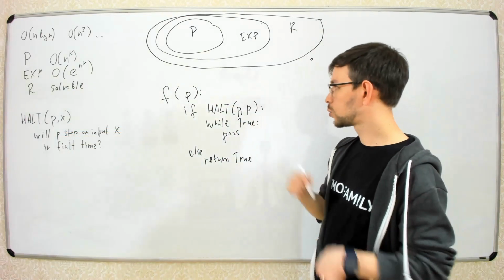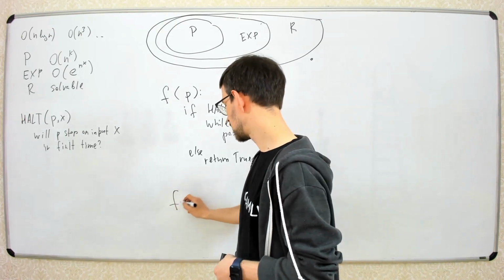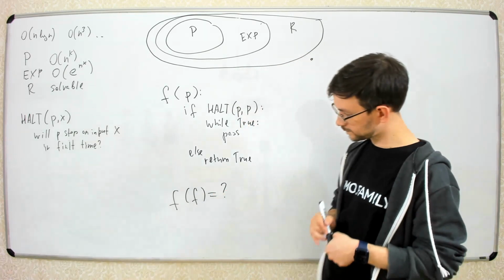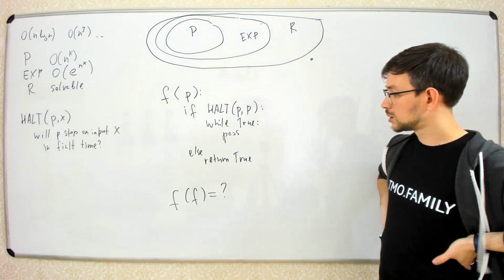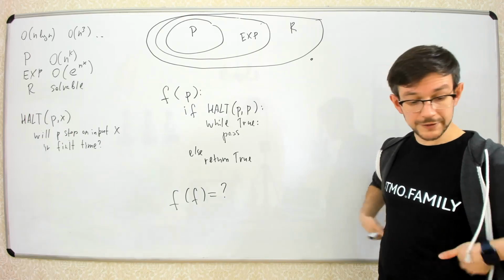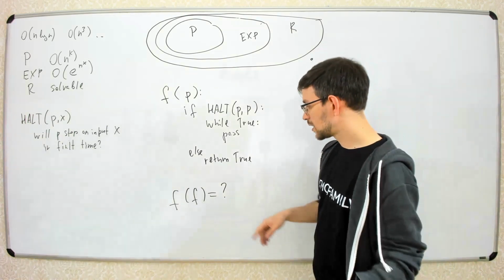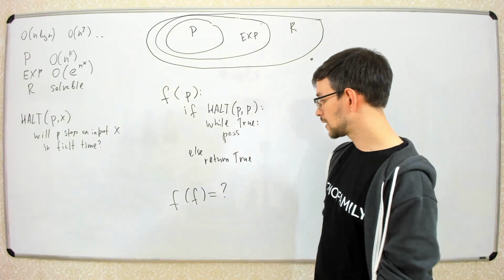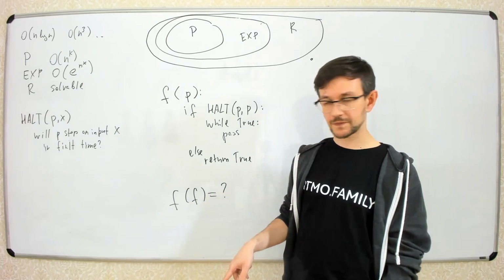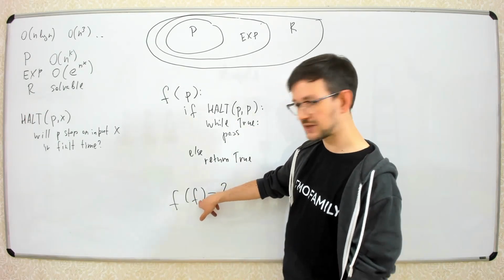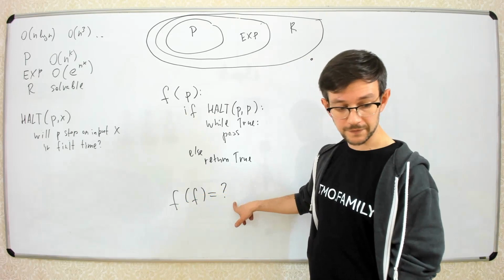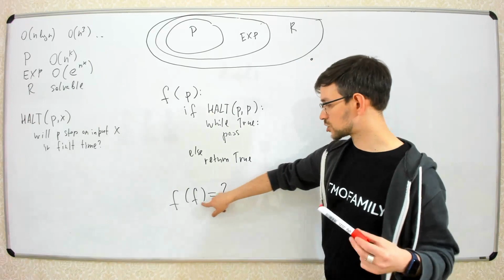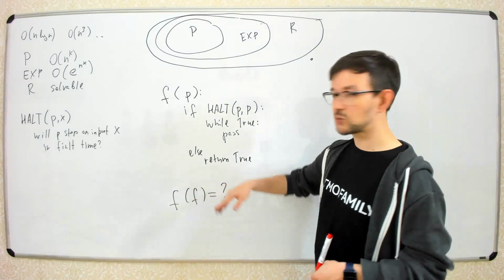Now let's think, what will happen if we give this function itself as an input? What will happen inside this function? If you give function f as an input and it returns yes, it means that it will stop at some point.